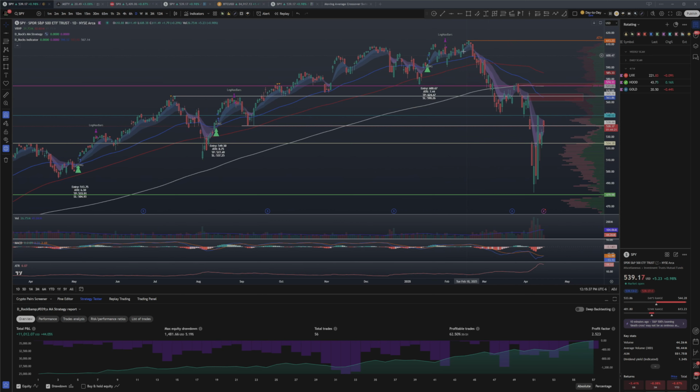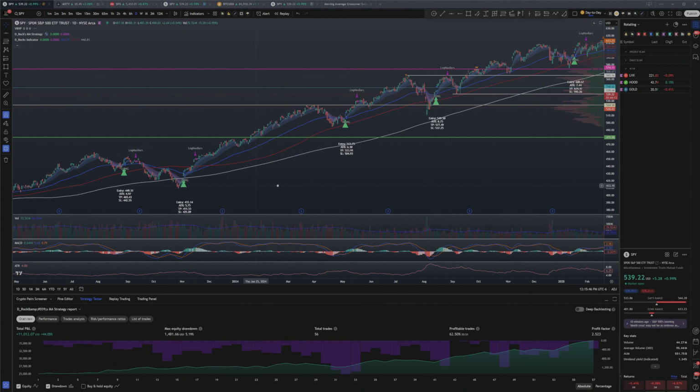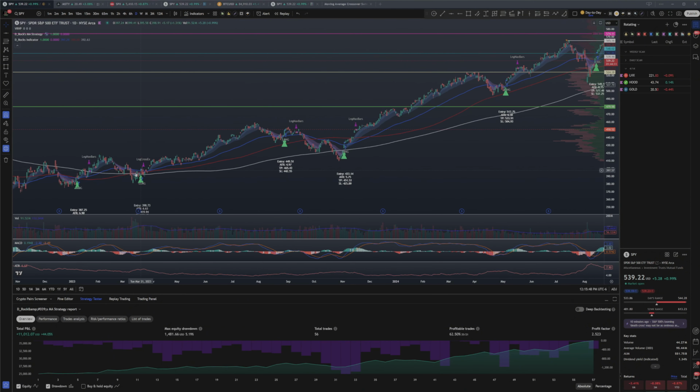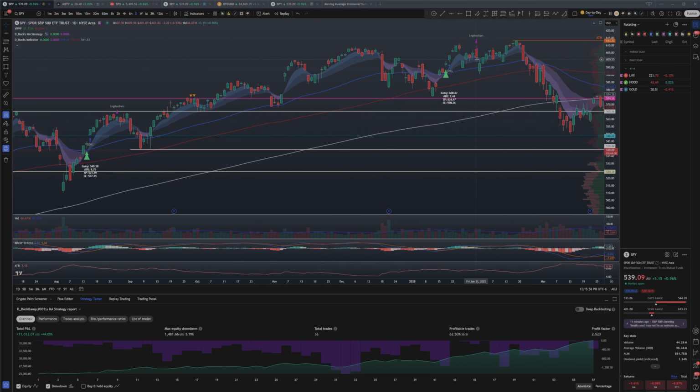And with SPY in particular, you'll notice something else here is that the past few trades, at least the past five trades here, the exit actually occurred due to the time limit. So after the eighth bar, on the morning of the ninth.